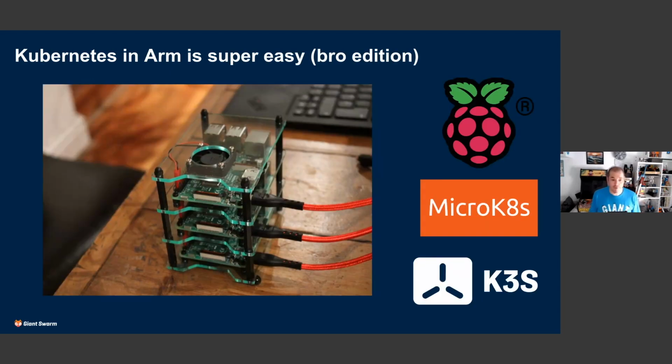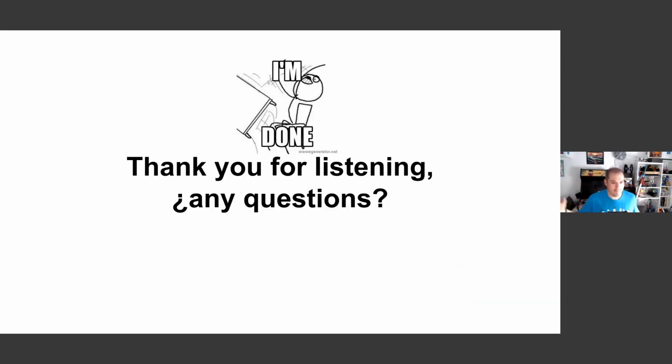But many of you will have heard, oh, but it's super easy to install a Kubernetes cluster. You just take 4 or 5 Raspberry Pis and install one of these softwares that was almost out of the box, K3S, Micro Kubernetes, and then you have an ARM cluster. Okay, thank you for listening.